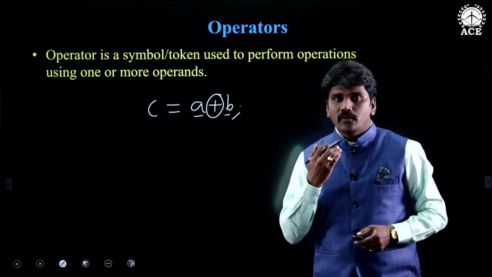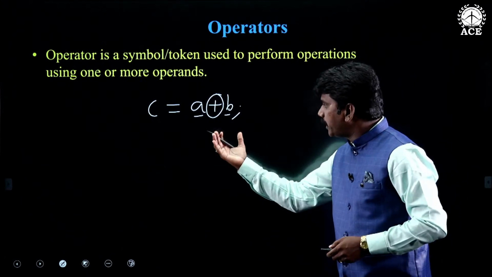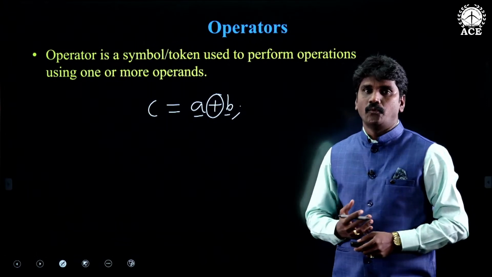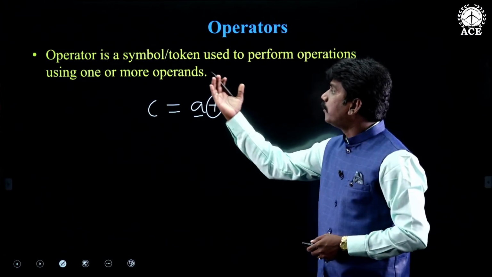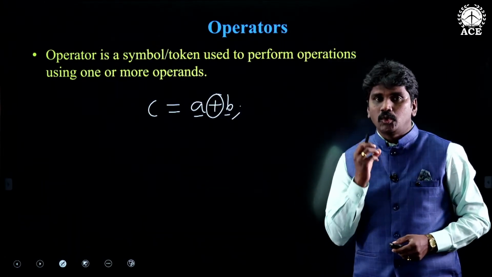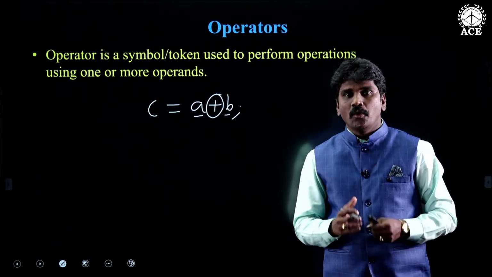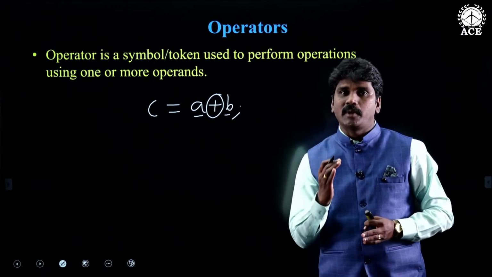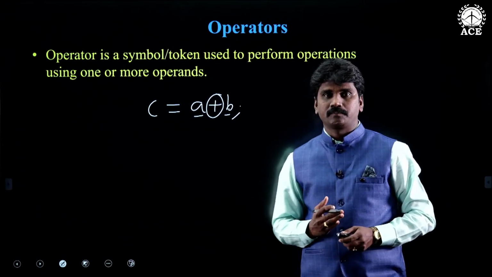So to perform an operation, we need two kinds: operator and operands.